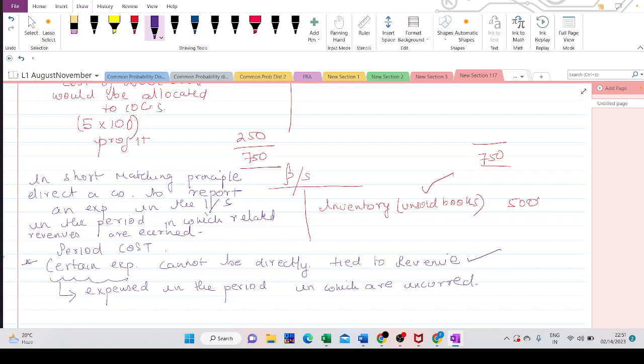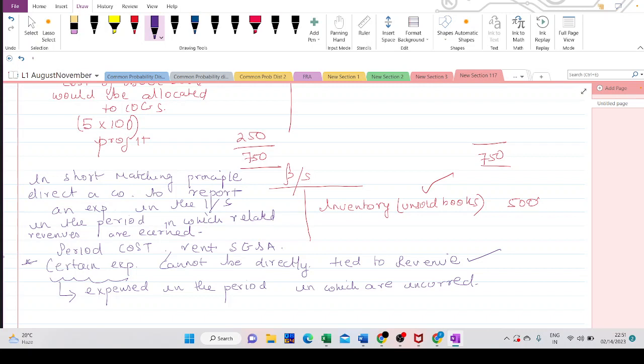An example of period cost would be your rent, right? Rent of your corporate office. It cannot be directly tied to revenue, right? Office rent is not a cost that is related to the production of inventory. Then your selling, general and admin expenses, these too are period costs.